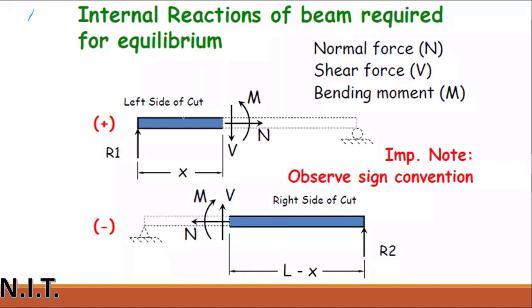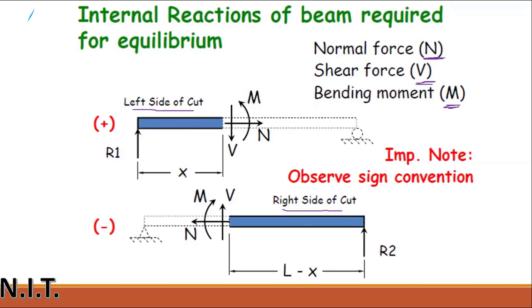If I cut a beam from the center, this is the left side of the beam and this is the right side of the beam. Normal force will be denoted by N, shear force by V, and bending moment by M. You can see that this is the R1 reaction.